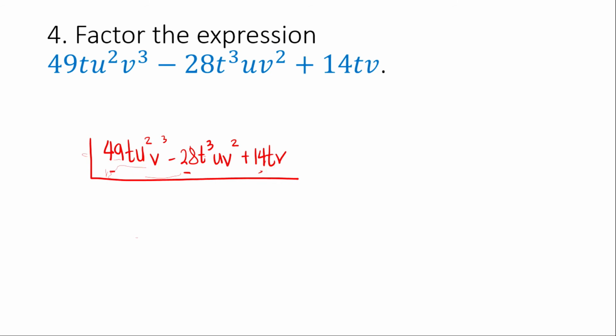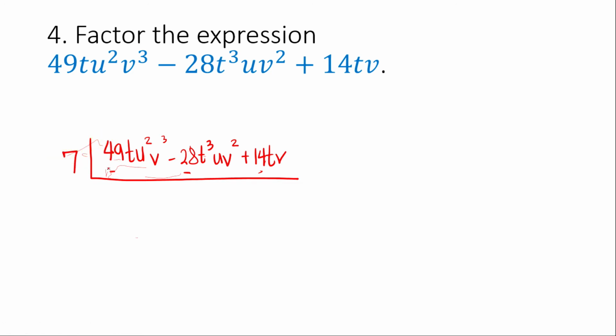Ano-ano ba yung mga factors ni 49? 1 and 49, saka 7 times 7. Okay, dahil so 49 na yung pinakamalaking number sa kanilang tatlo, we will now have the idea na ang common sa kanila is 7. 49 is 7 times 7, 28 is 4 times 7, and 14 is 2 times 7. So, we are going to write down 7.